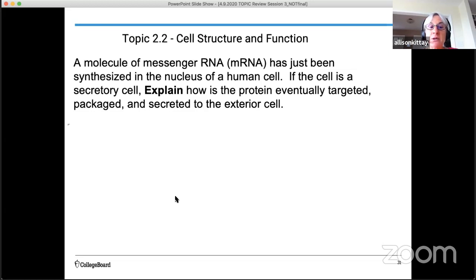If the cell is a secretory cell, explain how the protein is eventually targeted, packaged, and secreted to the exterior of the cell. So since it's going to be secreted, we're going to talk about that the ribosome is likely attached to the endoplasmic reticulum, and we're going to explain how it gets targeted, packaged, and sent out of the cell.